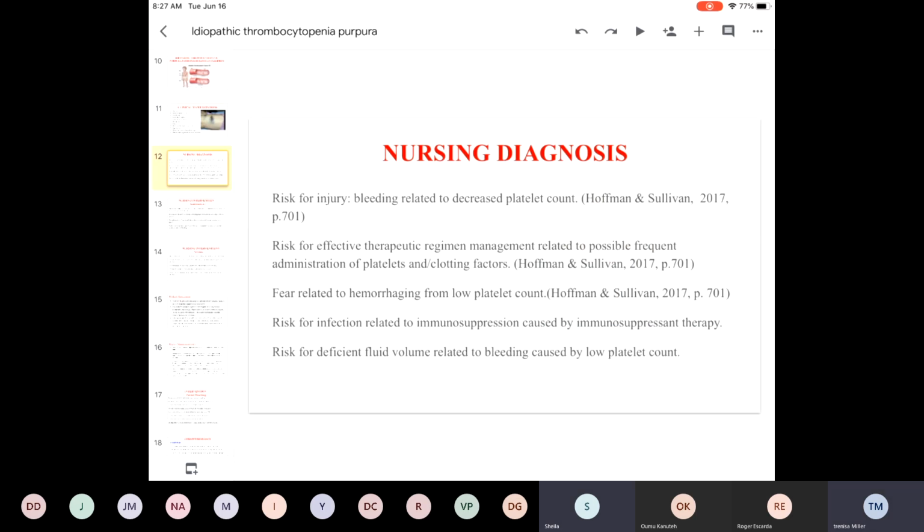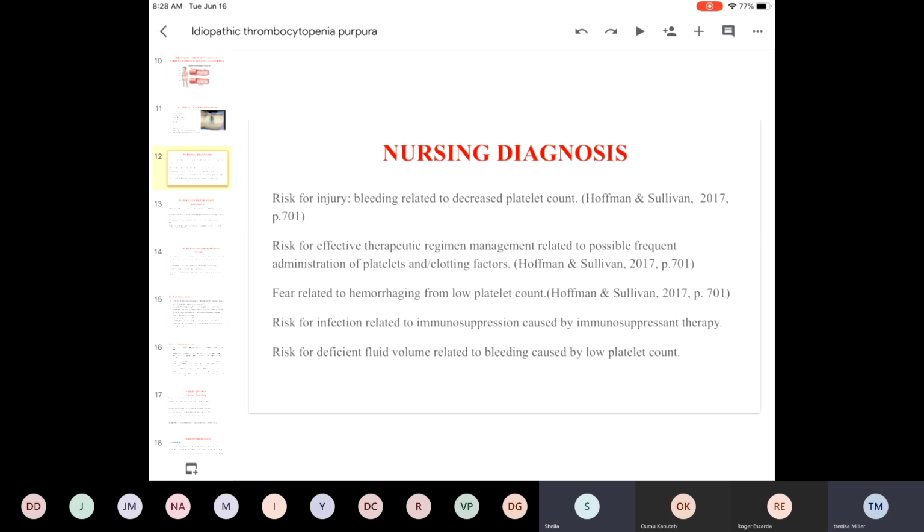Okay, nursing diagnosis. The nursing diagnosis is risk for injury due to bleeding related to decreased platelet count. Another one is risk for ineffective therapeutic regimen management related to possible frequent administration of platelets and clotting factors.